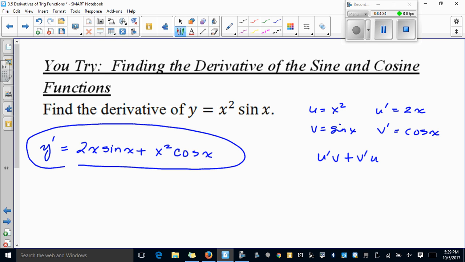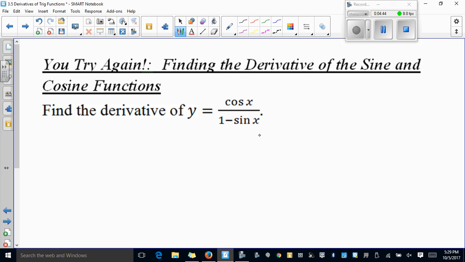Another example. Oh, look, another one of these that we get to play with the quotient rule. So I'm going to let cosine be u, so u prime is negative sine. And I'm going to let this be v, so v prime equals, now this is 0 minus the derivative of sine, which is cosine.